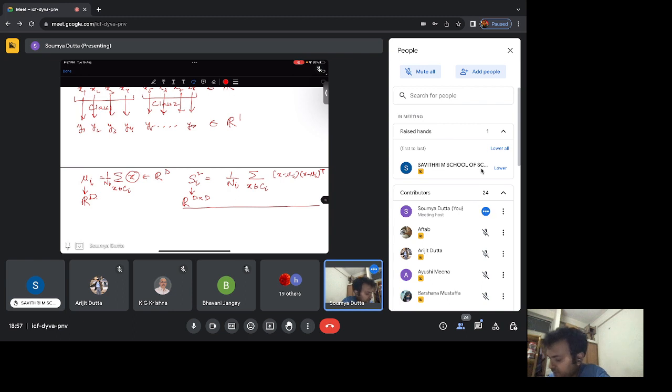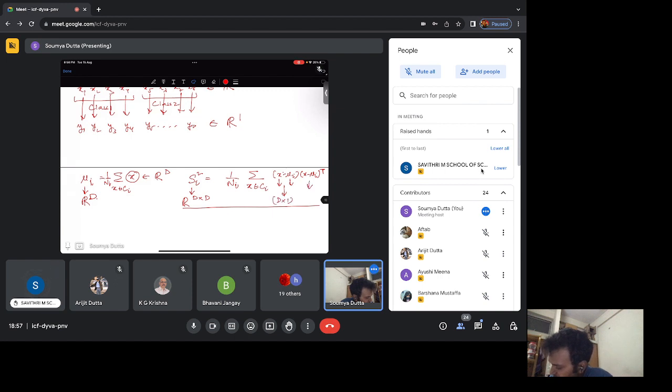So this is Si square, which is 1 by Ni summation over x. You take all the points belonging to a particular class, and you do this. x is a vector, mu I is also a vector, so x minus mu I is a D cross 1 vector.